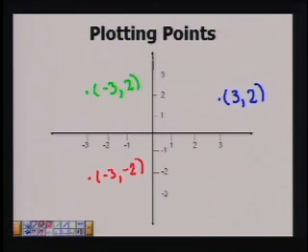And finally, if we're plotting the point (3, -2), again start at 0, move to the right 3 spaces, and down 2 spaces.